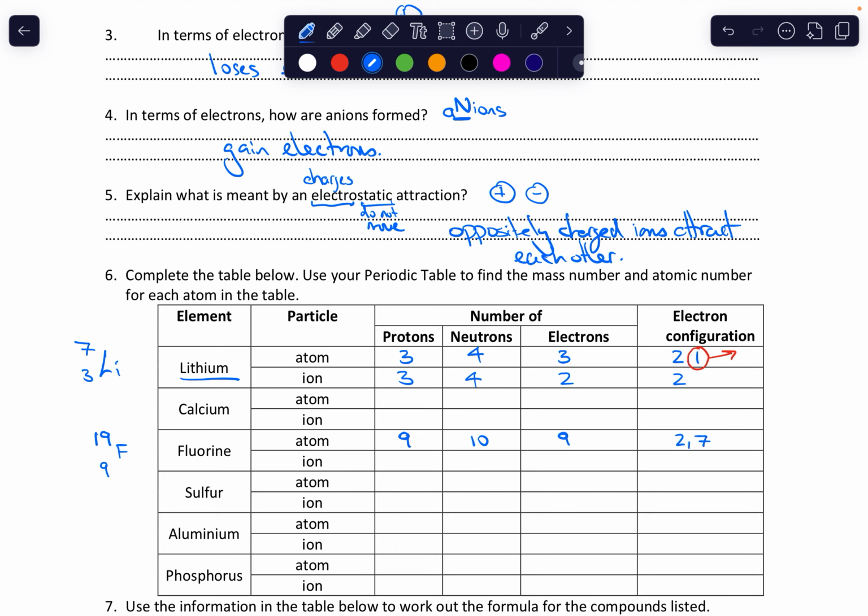So 9 is going to be 2, 7. Now in this case, 7 is not stable, but to become stable at 8, we need to add an electron. So 1 electron is going to come in. So that will become 2, 8, which means it will have 10 electrons. It will still have 10 neutrons, and it still has 9 protons.